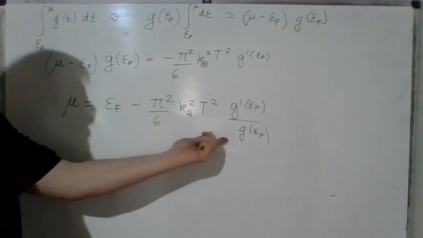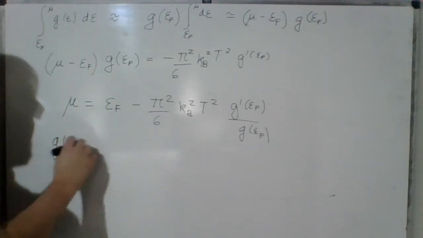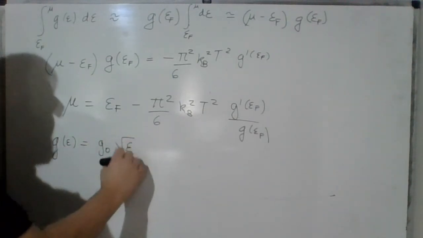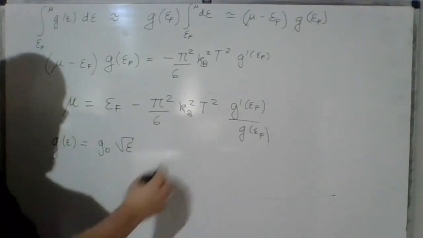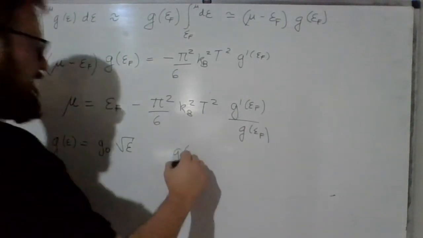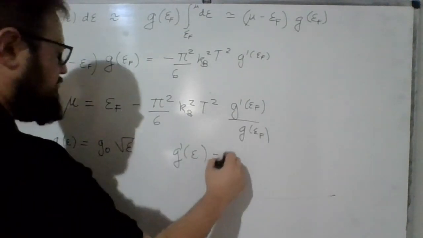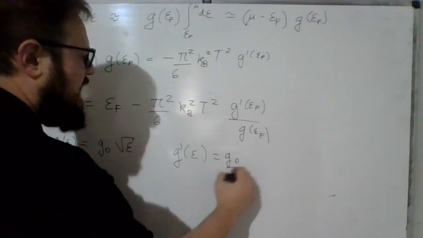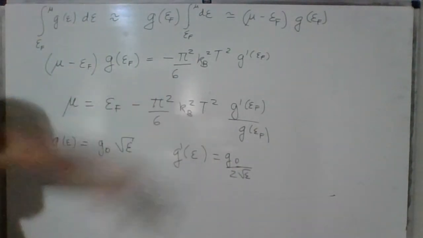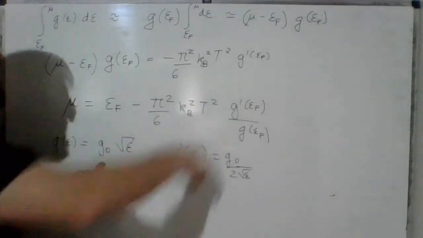But just notice that G as a function of E is equal to G0 times the square root of the energy. If you calculate the derivative, you find G of E primed is equal to G0 times 1/2 over the square root of the energy. So if you insert that into the calculations, notice that the G0 constant cancels out.